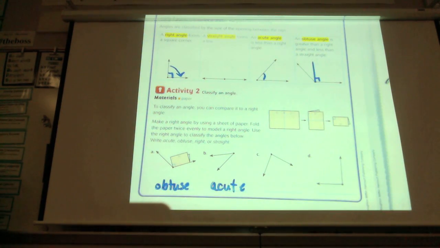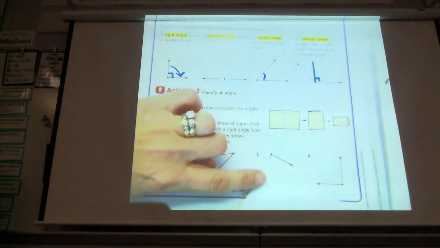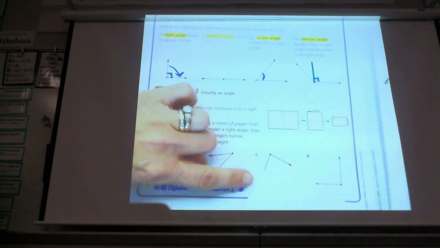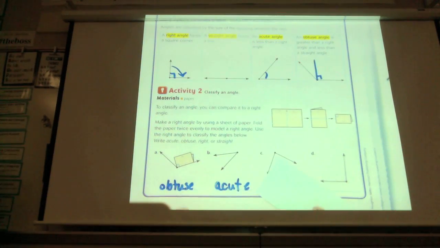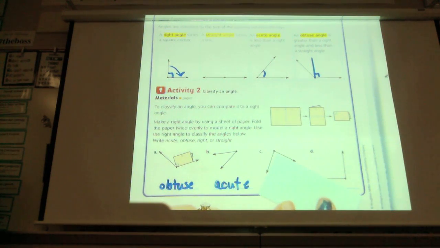Ooh, this is one of those that I'm going to have a hard time. See that one? It's kind of close. Hard to know. So I'm going to take my paper and I'm going to put it up against one, and I'm kind of seeing that it looks like that other part's going to be hidden. So if I put this like this, it's still not very dark. I can see that it's, what do you guys think? Is it greater than or less than a right angle?